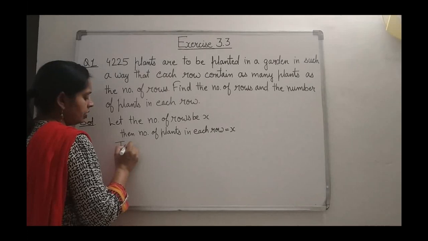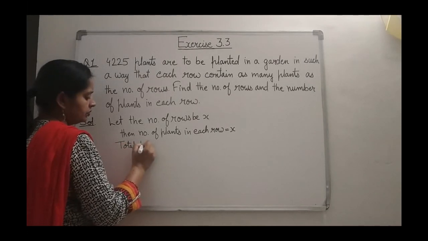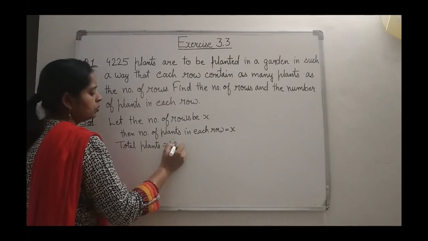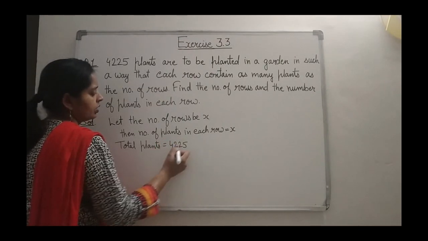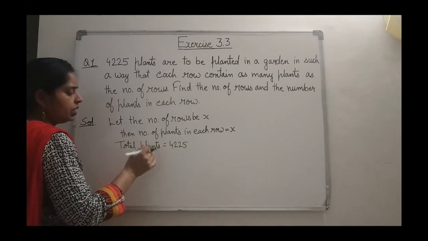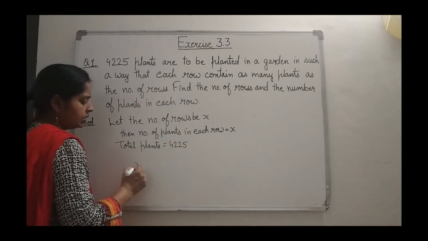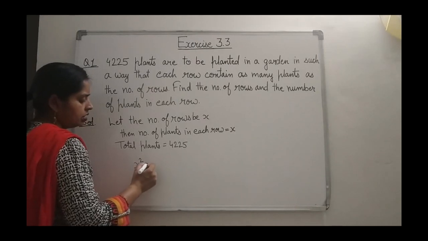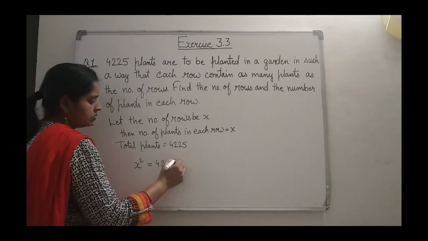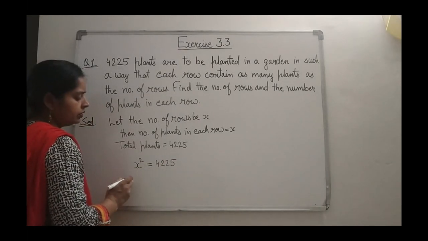Total plants is given. How many plants have been given? 4,225. So according to the question, x into x will be the total number of plants. So x into x, that is x square, is equal to the total plants. Right? So we need to find the value of x.